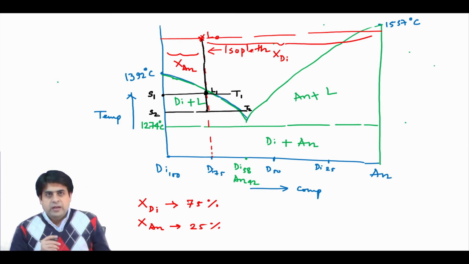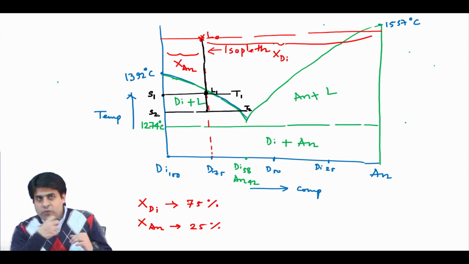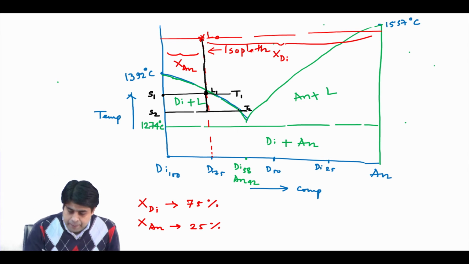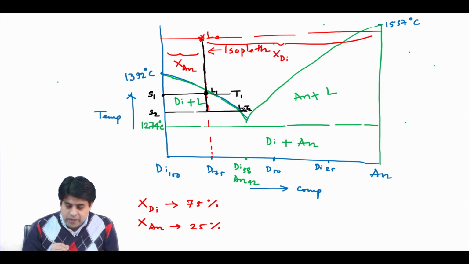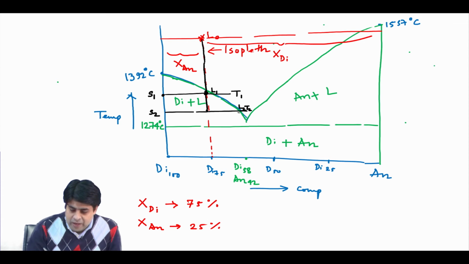When S2 is removed from the melt, you go from L1 to, suppose, the L2 point.